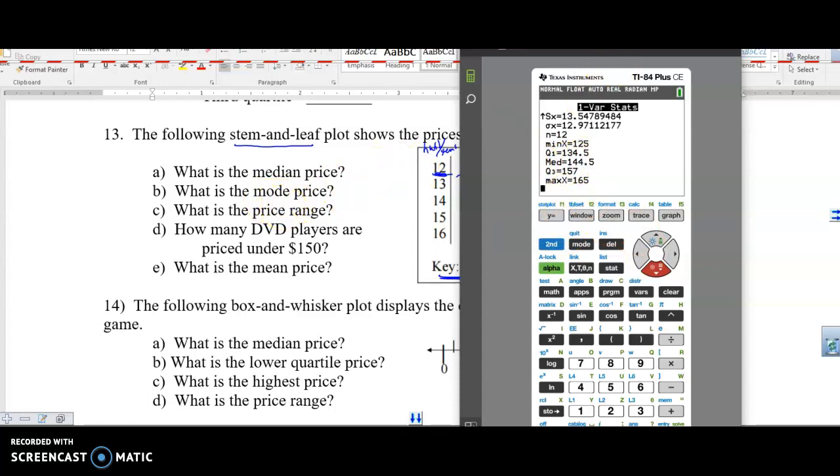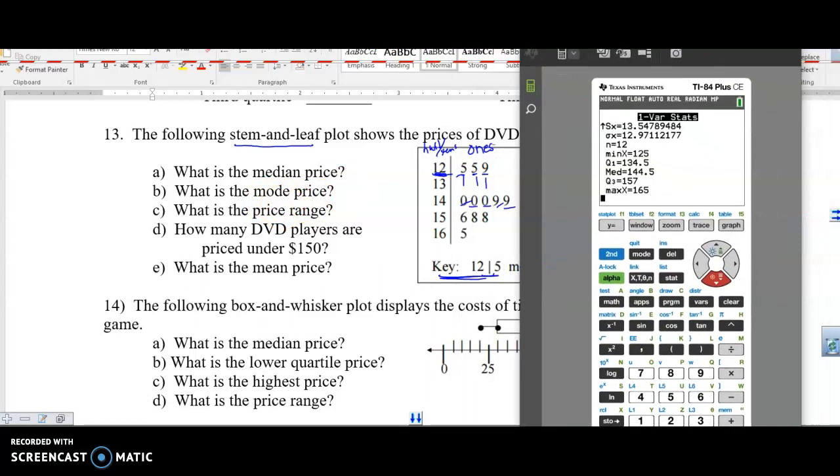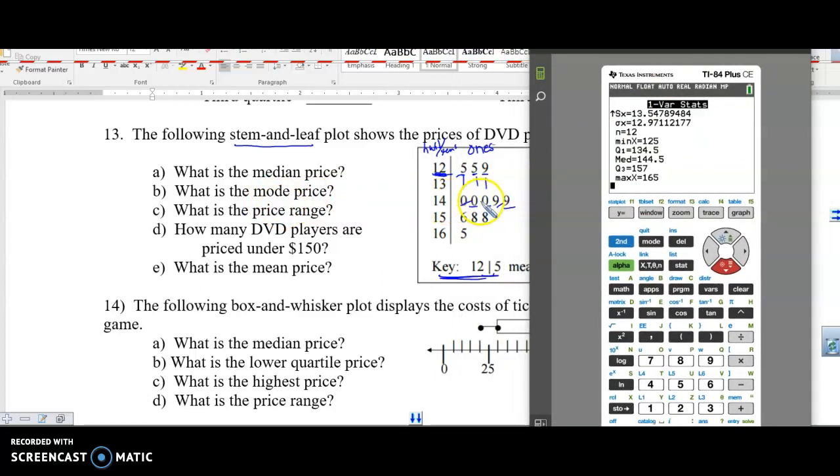The mode, that would be the most frequent number. So if you look here, we have 140 three times. That's the most. And then it says, what is the price range? Remember, the range is taking the maximum and subtracting the minimum. So there's a range of $40, because this is talking about dollars, price.